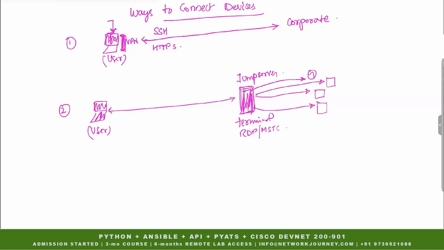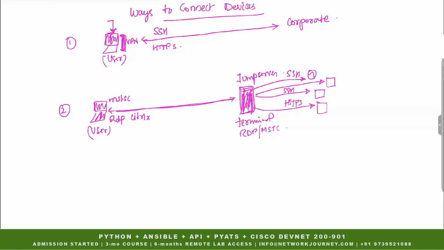So basically, first he can make use of MSDC, or he will first do an RDP or any Citrix, then he will get into the jump server, and from the jump server he has all the connectivity over SSH or HTTPS. This would be the method.